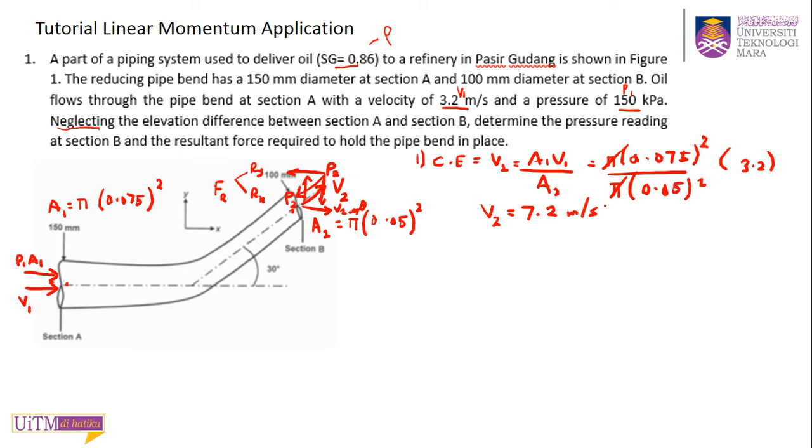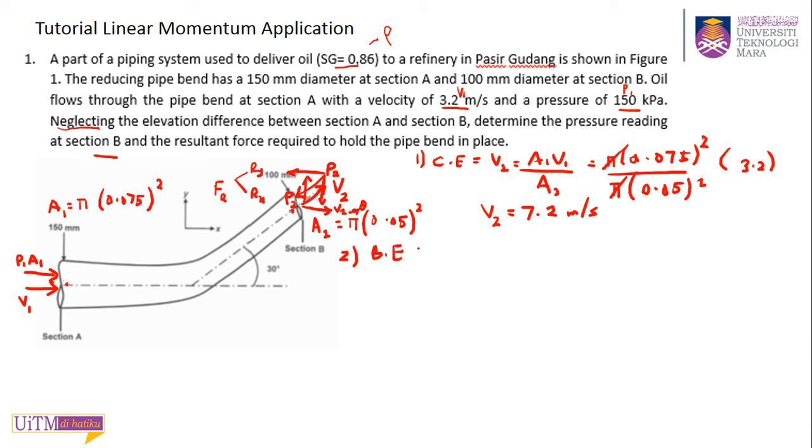Okay, so you need to calculate this because they ask you to determine the pressure reading at section B. So what equation will you use to find the pressure again? Bernoulli equation, yes.